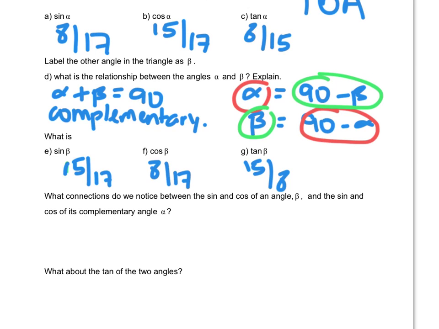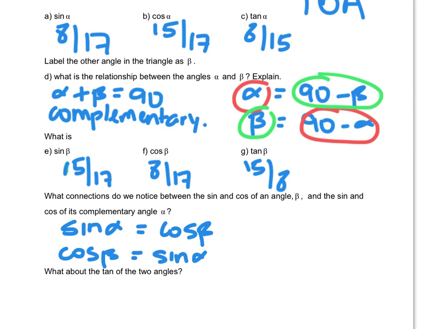So what we need to notice is that sine alpha equals cos beta, and cos alpha equals sine beta. So what I want you to note down is that the sine of an angle equals the cosine of its complement, and the cosine of an angle equals the sine of its complement. So please write that down in your notebook.